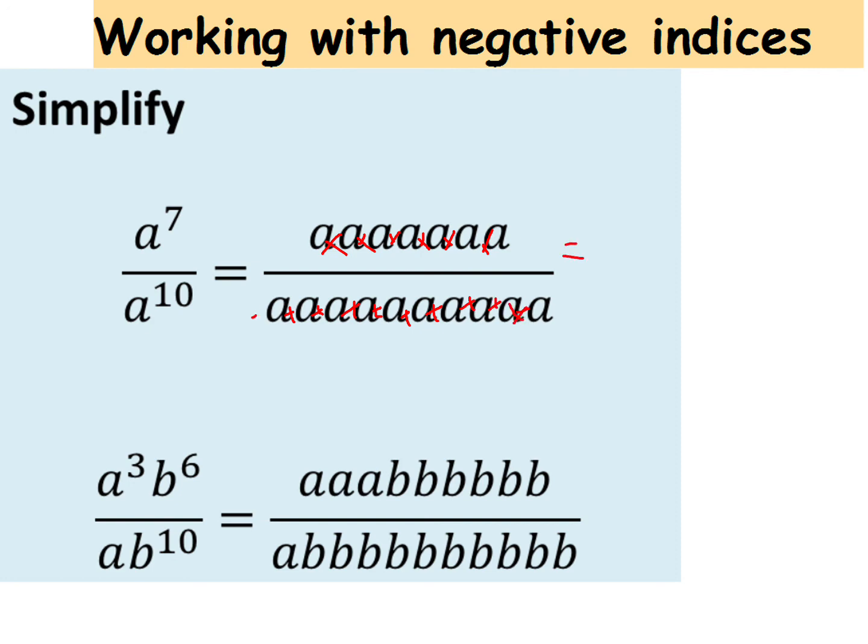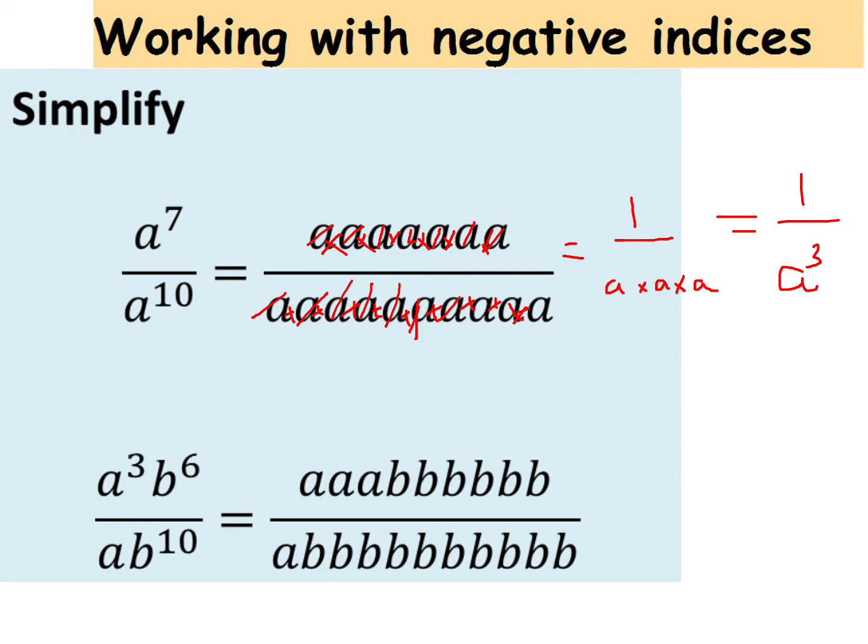I can start cancelling these: 3, 4, 5, 6, and 7. So what is left here is 1 over a times a times a, which is just 1 over a cubed. Which obviously proves the answer on the previous slide.